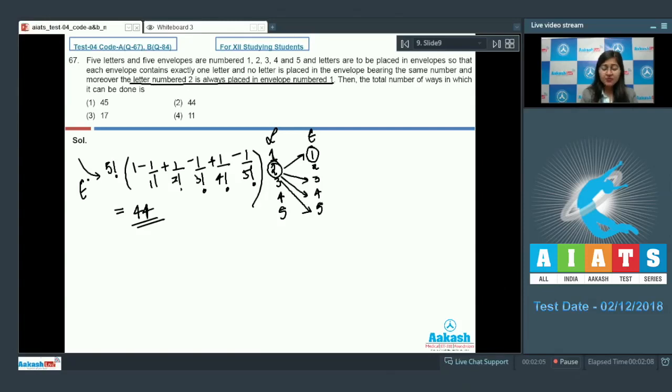Now in this answer that we found for event E, 2 can go in these 4 envelopes, but according to the condition given in the question, it is going in envelope number 1, right? So if I divide these cases by 4, then we can find the number of ways for the required event, right? So this will directly be equal to 11, right? So the correct answer is option number 4.